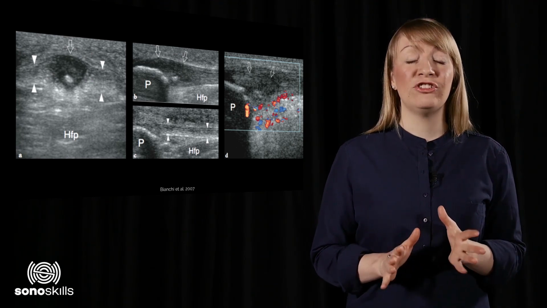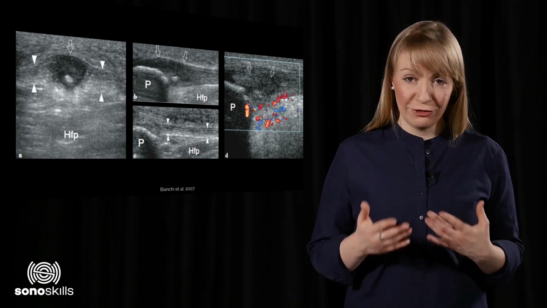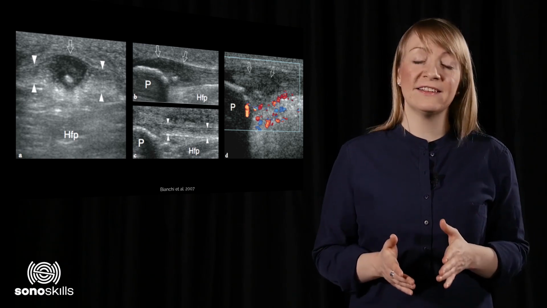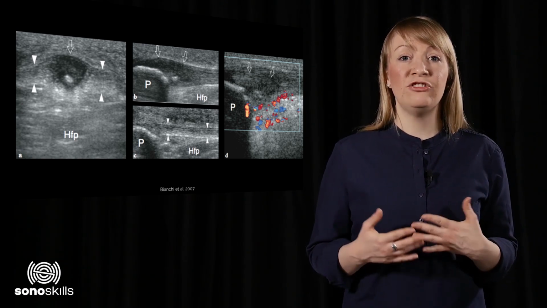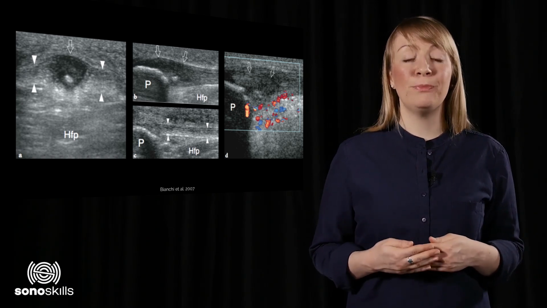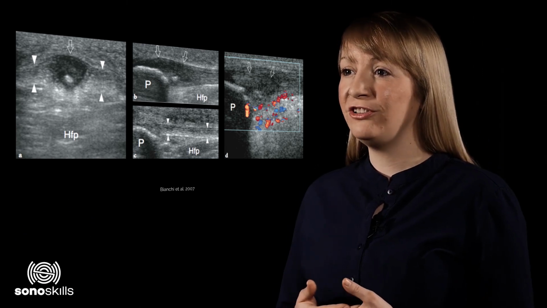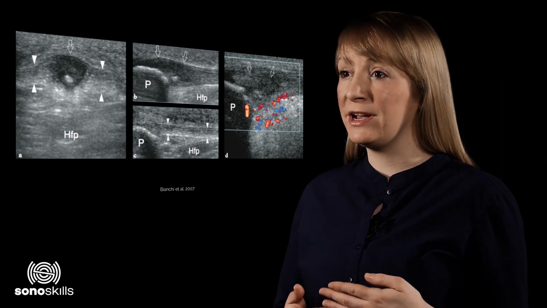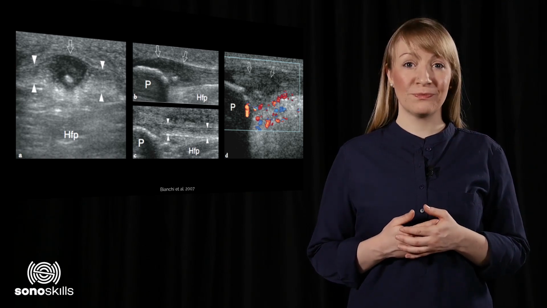Based on this static image, it cannot be confirmed whether there is a functional problem. We can assume, based on previous findings, that this patient shows a jumper's knee with a severe degenerative tendinopathy, possibly combined with mild partial tearing. A small intratendinous calcification within the focal hypoechoic area and a mild hyperemia are present as well.